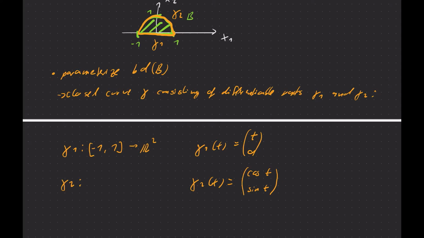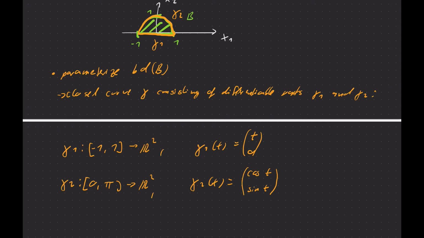Now, the starting point is this one here, cosine of 0, sine of 0. Then that parameterization moves in that direction, and we need to stop here. That is exactly where the parameter t reaches pi. So we need to restrict our parameter space to the interval from 0 to pi. So these are our curves.